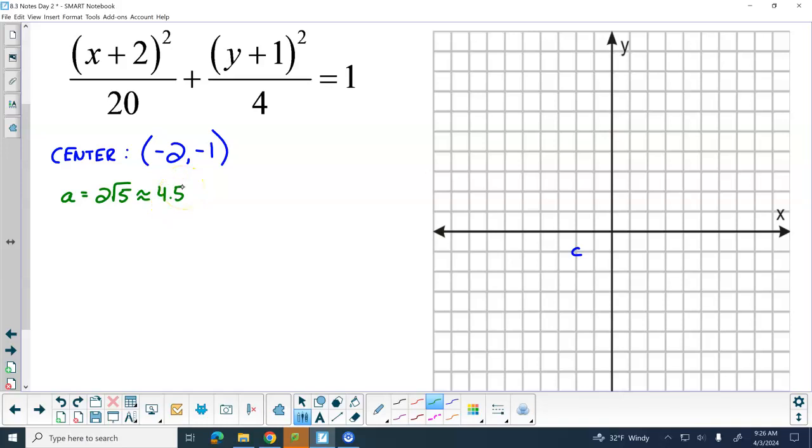So that means 1, 2, 3, 4. We'll put this right there. B value: 2.